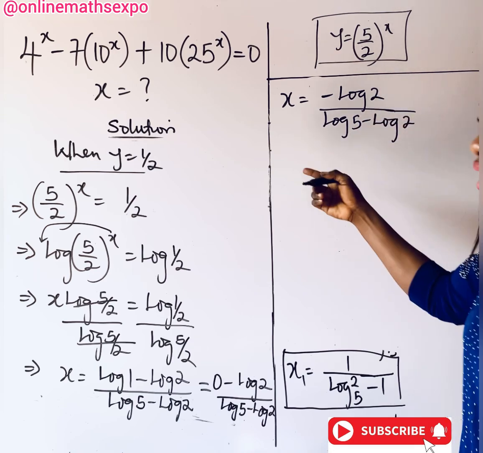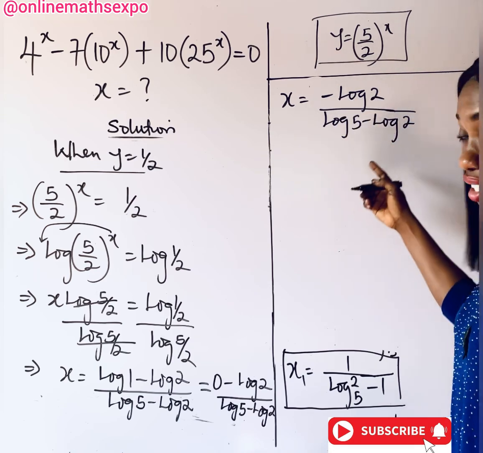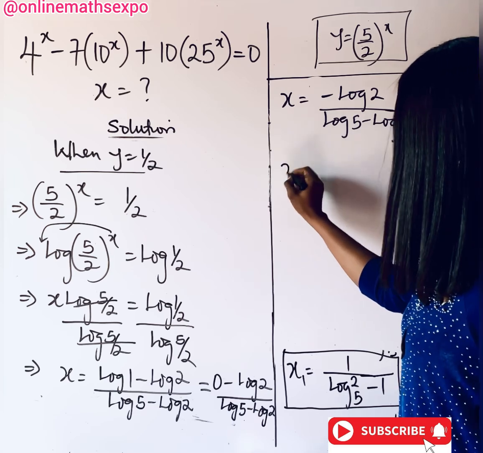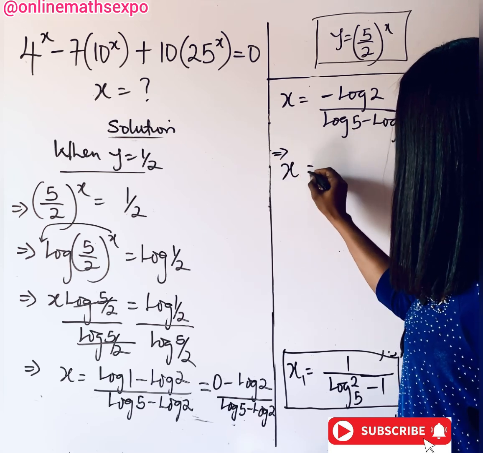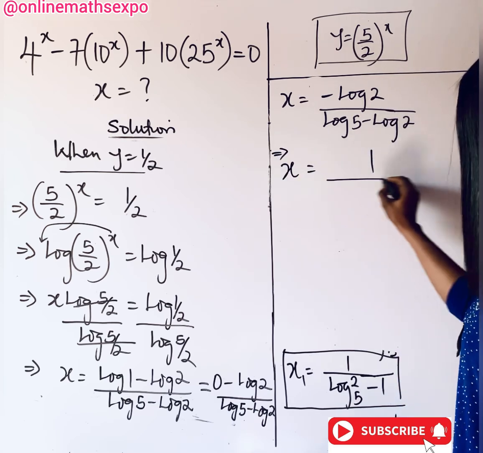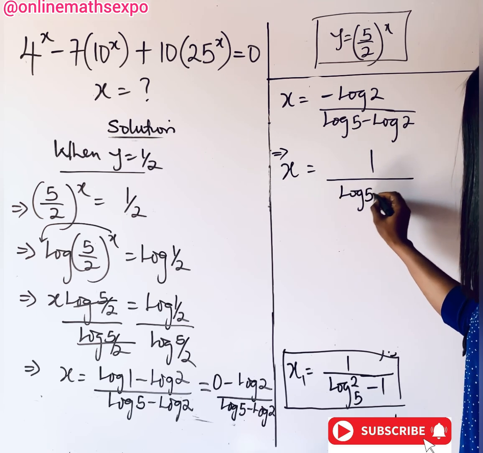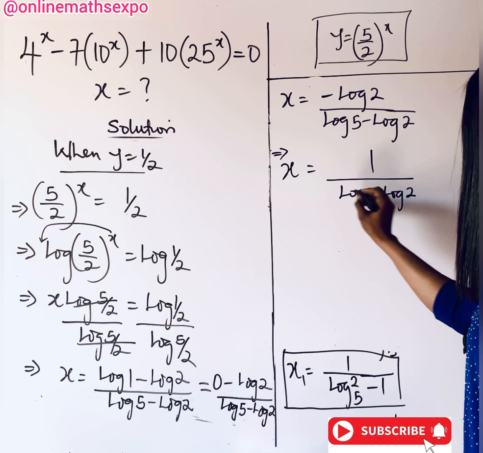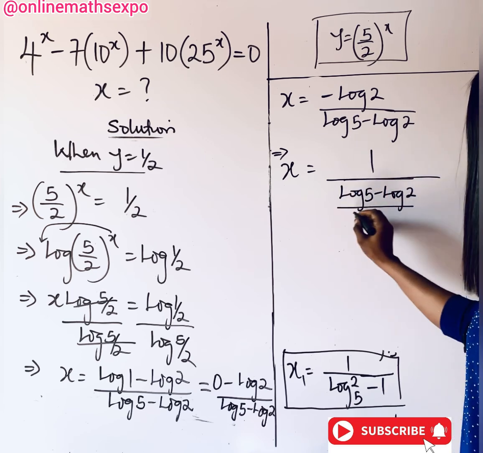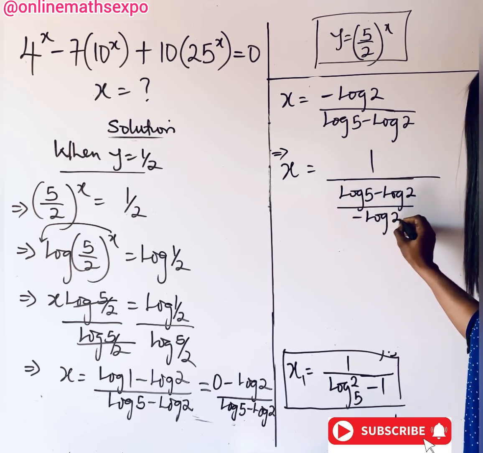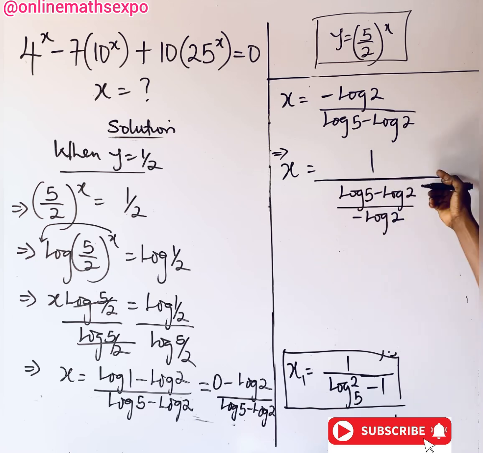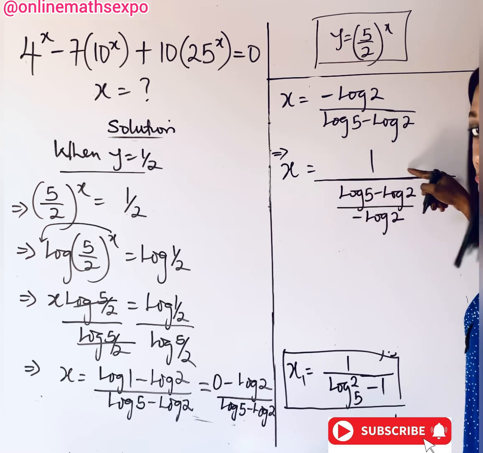Remember we said that you cannot use this to cancel this. It's against the rule. So we are going to switch it. You are going to have 1 over, then you reverse this: log of 5 minus log of 2 being divided by negative of log 2. Please remember this is the reciprocal.